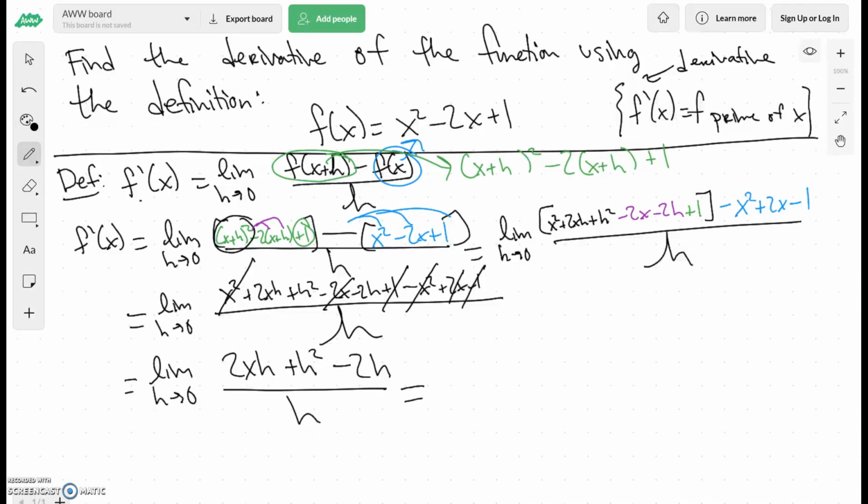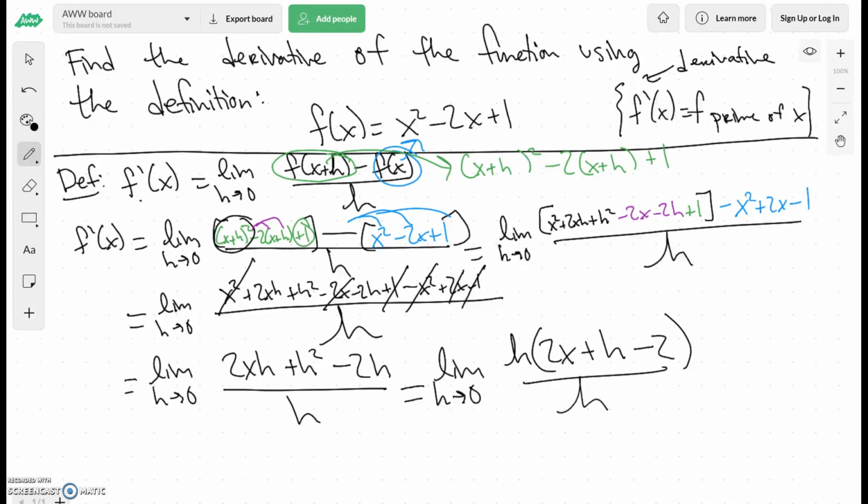So when we evaluate this limit, well, first if I plug in 0, I'm just going to get 0 over 0, indeterminate form. So let's factor the top part. Limit as h goes to 0, I'm going to factor out an h. This one has one less h. This one only has one h. This one has no h. And then I have an h on the bottom.